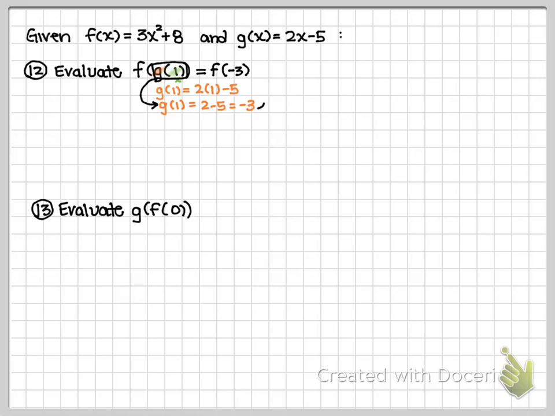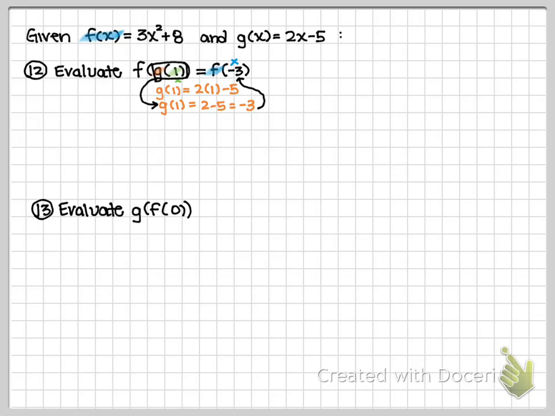So plug the value in that we just found. Okay, now you're at the next function, or whatever the next function was supposed to be. In this case, it's f. So now we're going to go to the f function. And everywhere you see an x, because that's the new x value inside the parentheses of the function, you're going to plug in a negative 3.